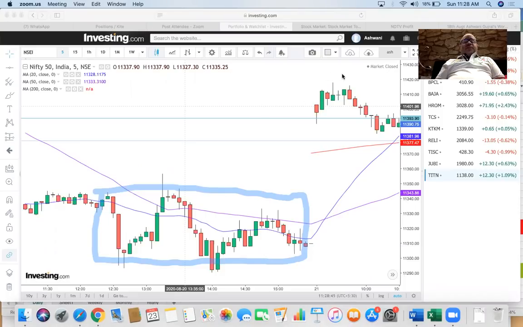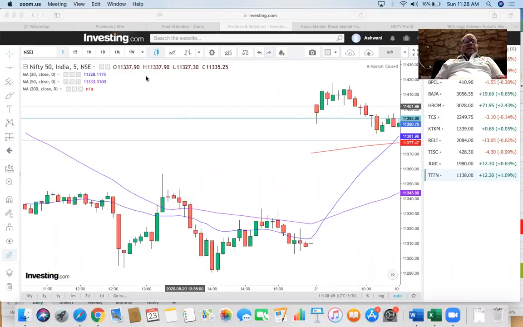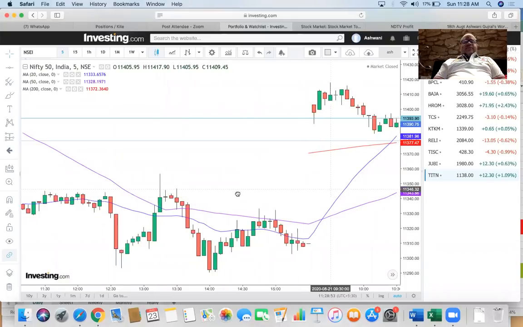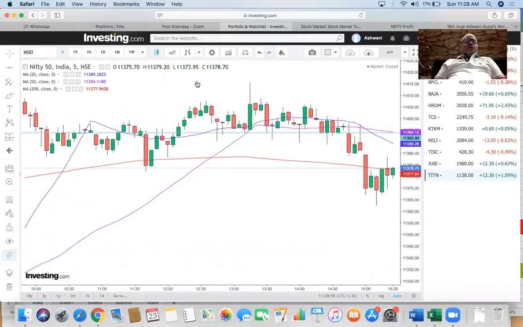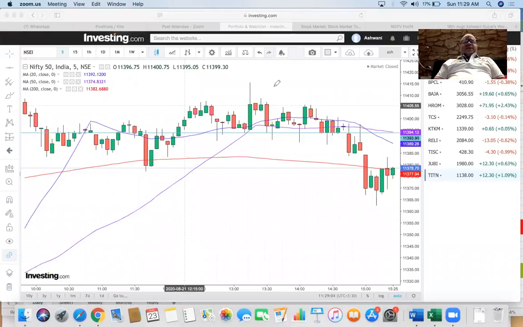Now, the plan is that we are expecting the market to open somewhere in this zone, somewhere here, and we come down, find support, and go back up.